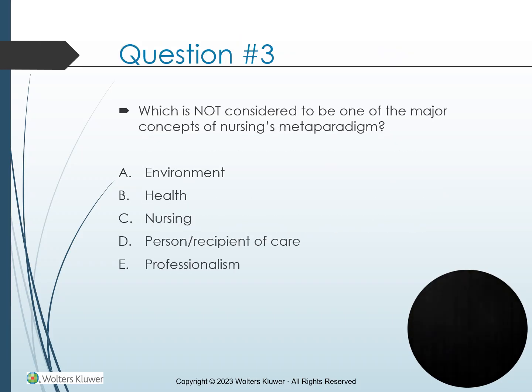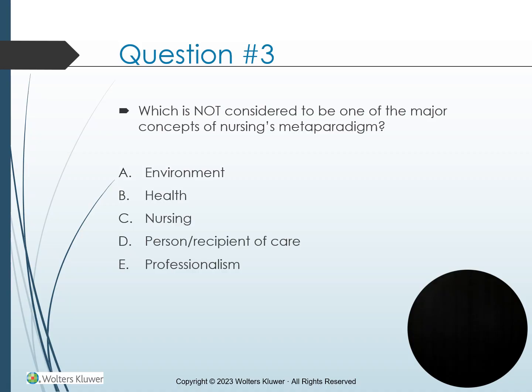So now, let's do a knowledge check real quick. Which is not considered to be one of the major concepts of a nursing meta paradigm? Is it environment, health, nursing, person, recipient of care, or professionalism?